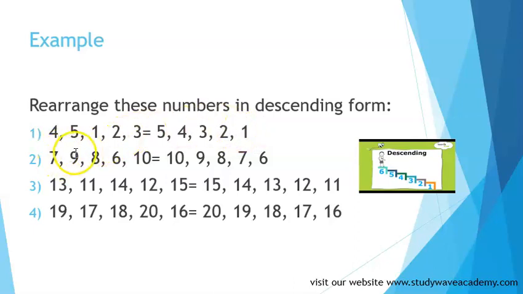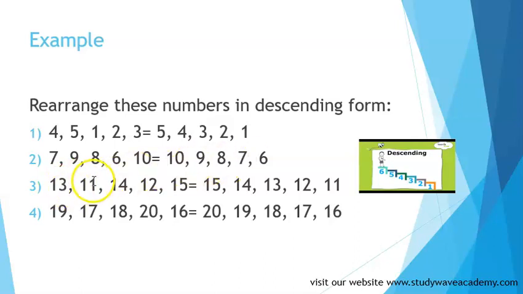We have 7, 9, 8, 6, and 10. Which is the biggest number here? 10. So before 10 is 9, before 9 is 8, before 8 is 7, and before 7 is 6. We have 10, 9, 8, 7, 6. Descending form is from the biggest to the smallest.